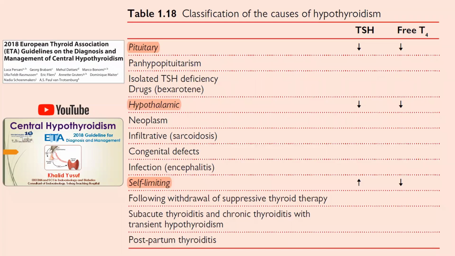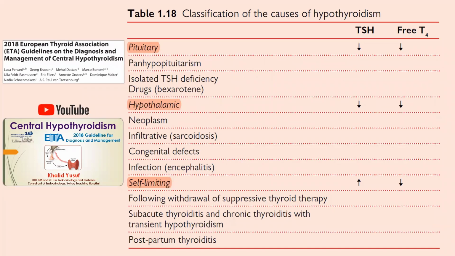These two conditions, pituitary and hypothalamic, lead to central hypothyroidism. I gave a previous presentation about central hypothyroidism in the ETA guidelines in a previous Thyroalex, I think the 10th, and I will put the link for this presentation after finishing this session, inshallah.